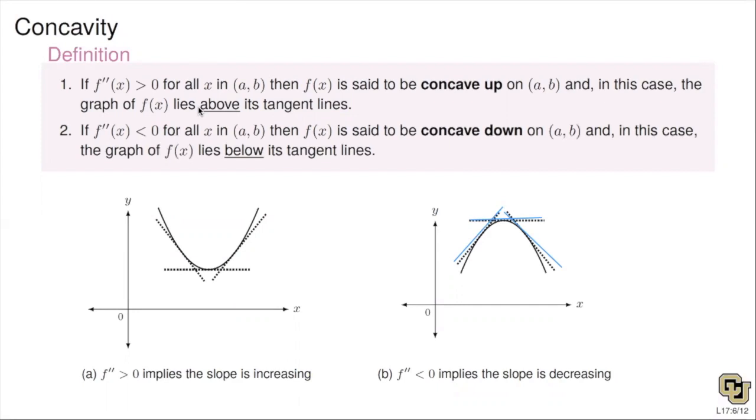And when the second derivative is less than 0, we say the function is concave down. And you can see the function is cupped and pointing downwards. And in this case, the graph lies below its tangent lines. And these are just features of how a graph might behave if its second derivative is positive or if its second derivative is negative. We get this concavity behavior.